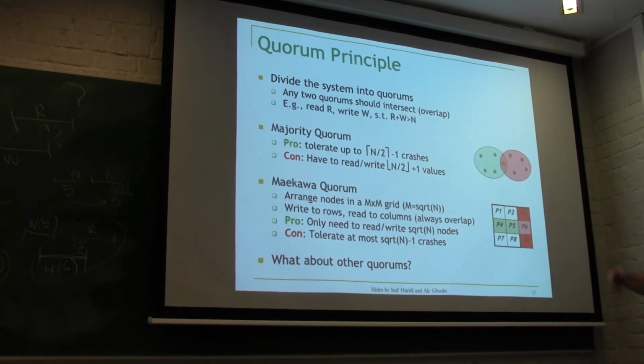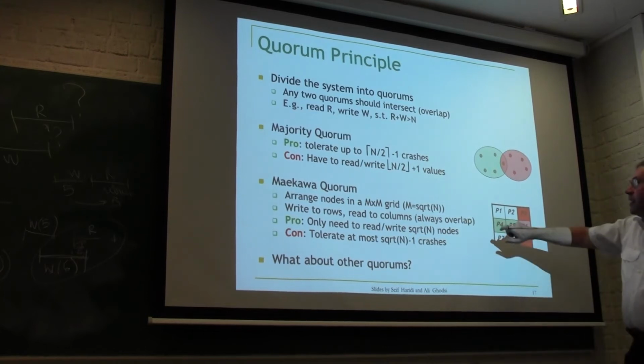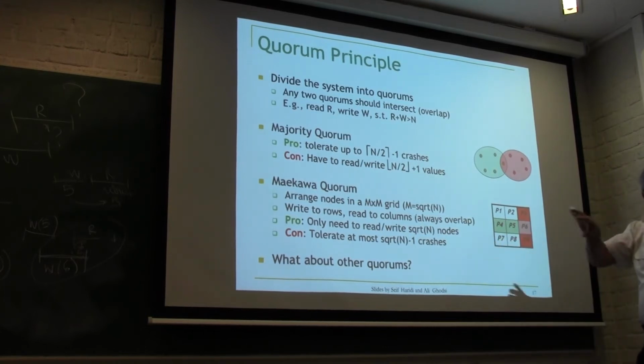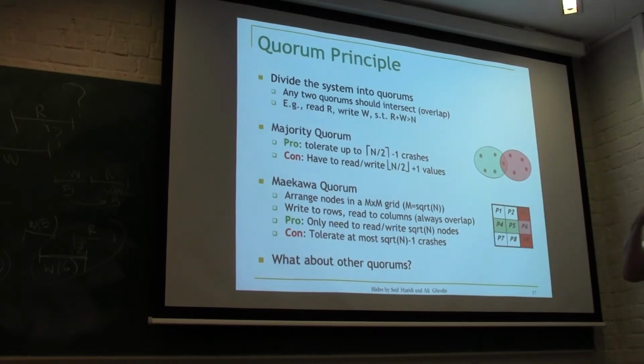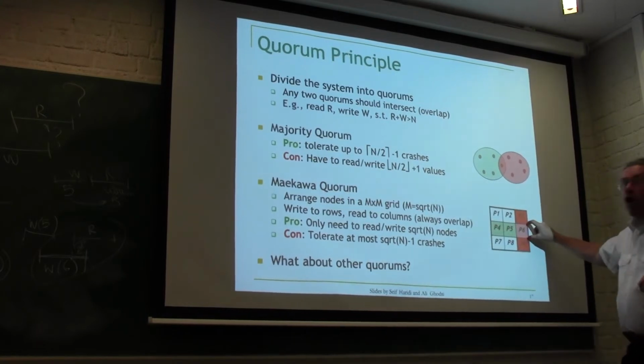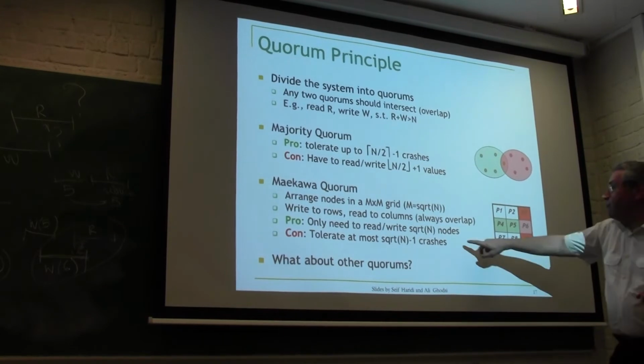You're assuming it's a perfect square. And you will write to rows and read from columns. Basically, you write to everybody, and then you wait for acknowledgments that you have written to a row, like this one, 4, 5, 6. And the same for the read.